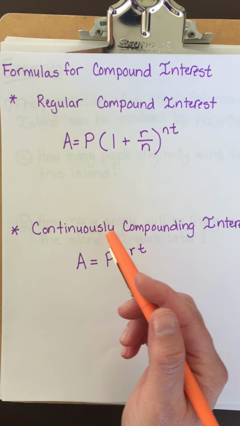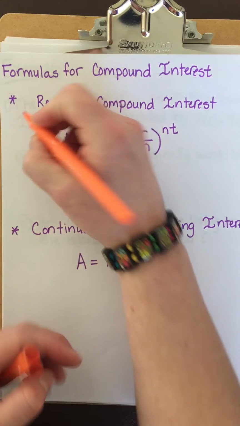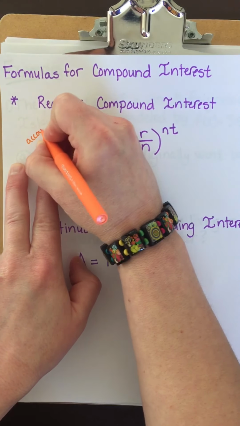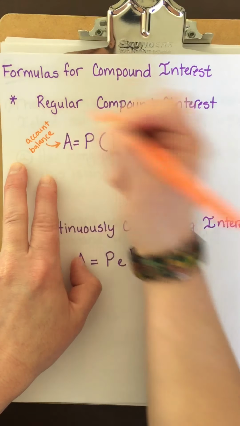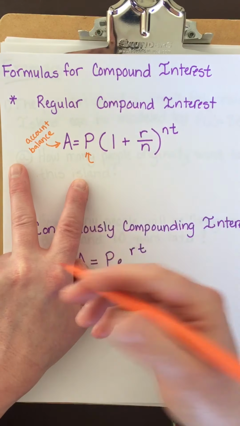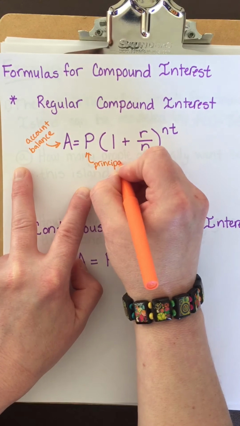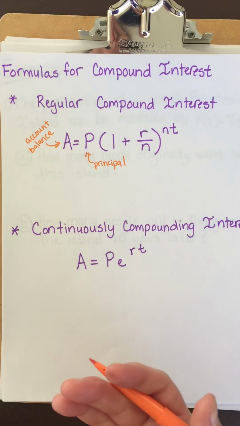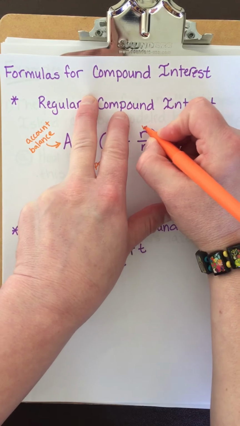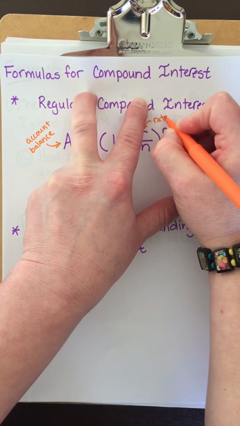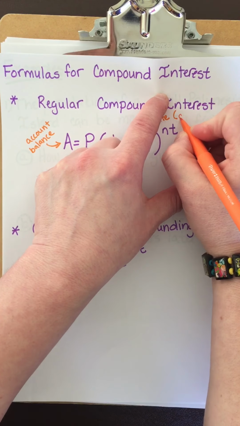So let's talk about what each one of these letters represents. A is the account balance. P is your principal. That's the amount I start with, or the original amount of my loan. R is the rate, and just like we did before, you want to change that to a decimal if it's a percent.